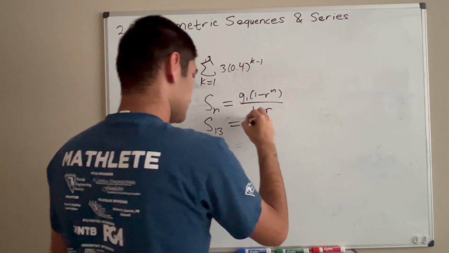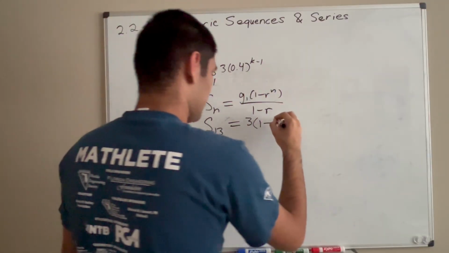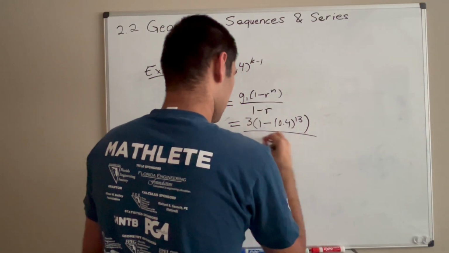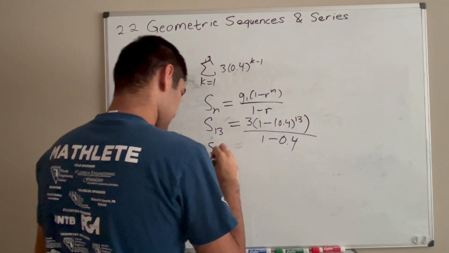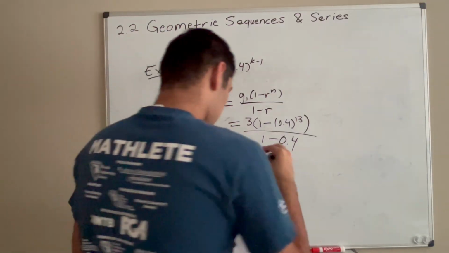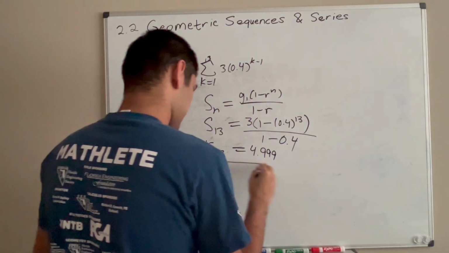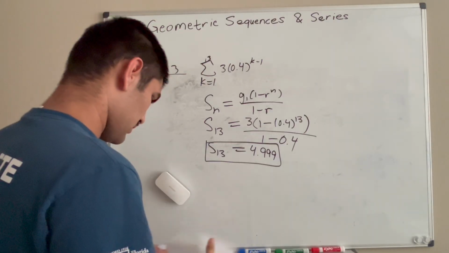So 3 times 1 minus r, the common ratio 0.4, to the 13, all over 1 minus 0.4. Evaluating this, you get approximately 4.999. All right.